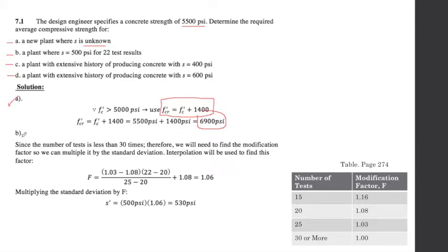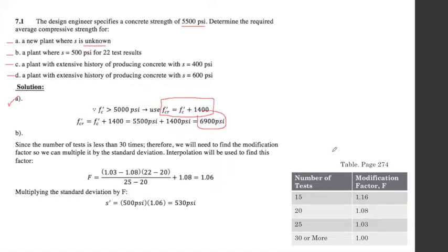In the second part, part B, a plant where S equals 500 psi for 22 test results. Since the number of tests is less than 30, we will need to find the modification factor.